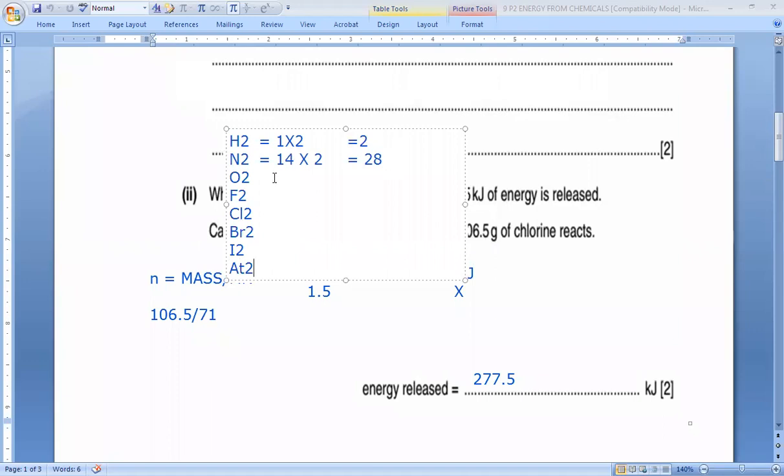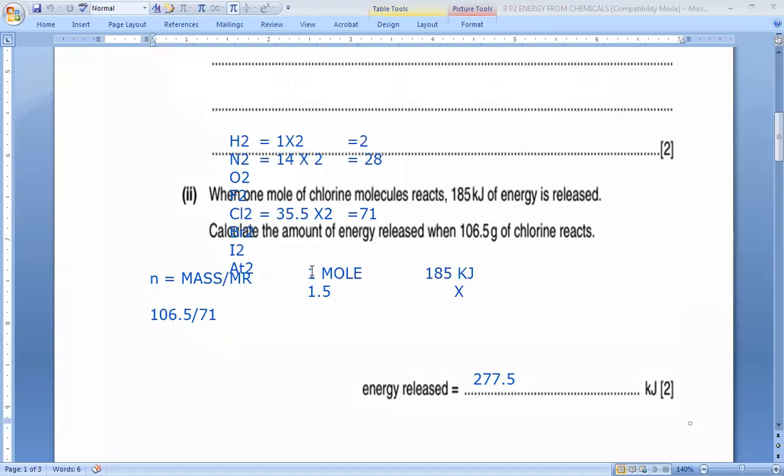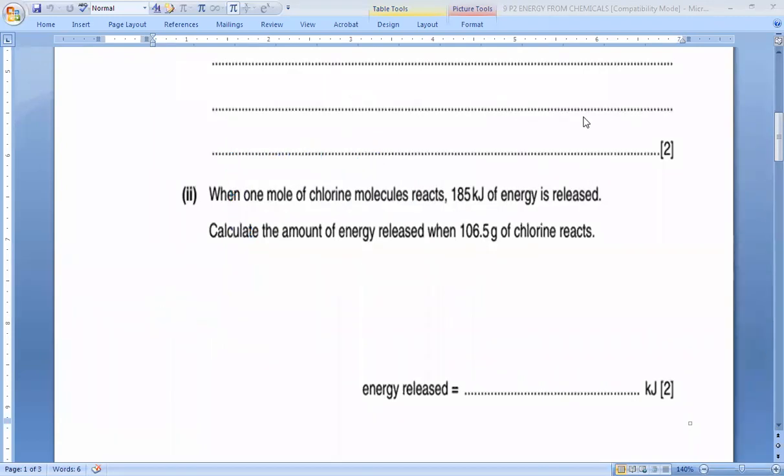These 8 elements, their molar masses must be doubled, must be twice. That is why we use the relation for chlorine: 35.5 multiplied by 2 becomes 71. So this 71 is used for the calculation of Mr for chlorine. Now we have to proceed to the next part of the question.